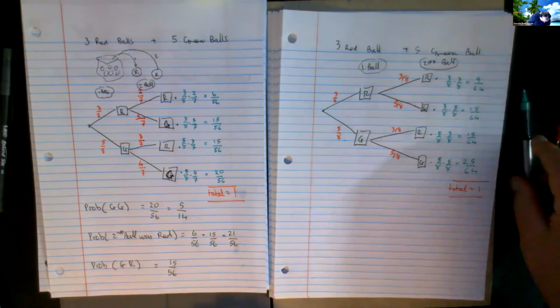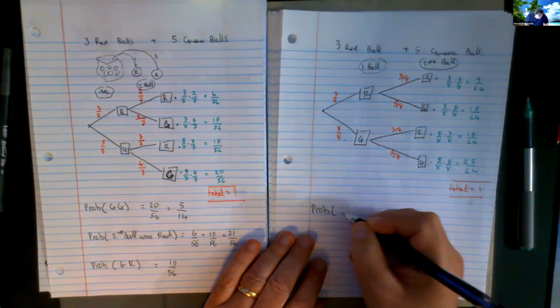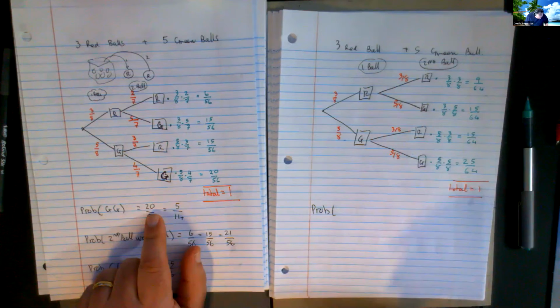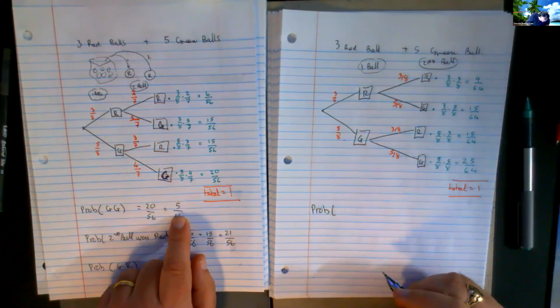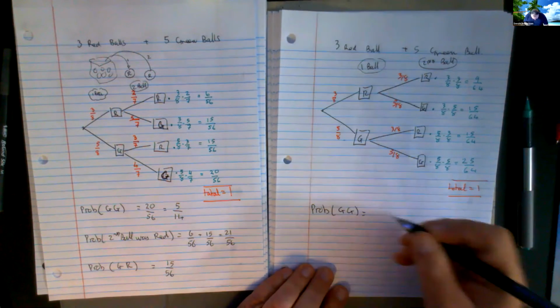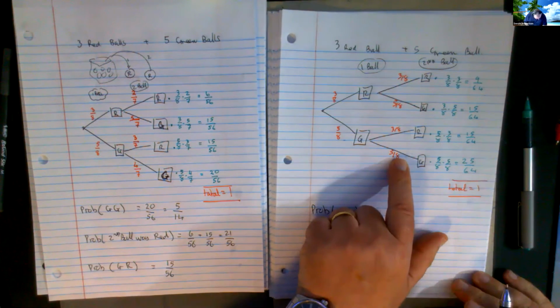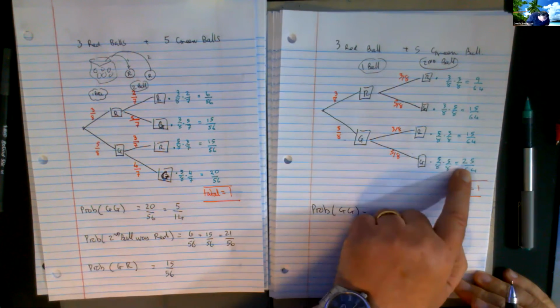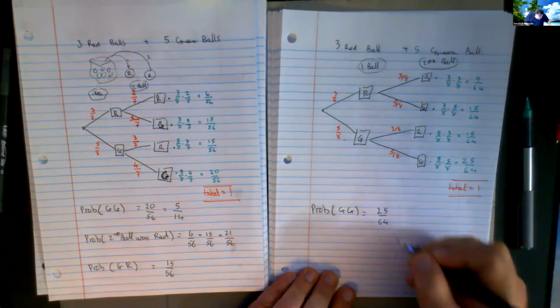Now, I had 3 probabilities, so let's see what they look like now. If you take the ball out and you don't replace it, the chances that you get 2 greens is 5 out of 14. If you put the green back in, getting 2 greens ends up being this guy here, 25 out of 64.